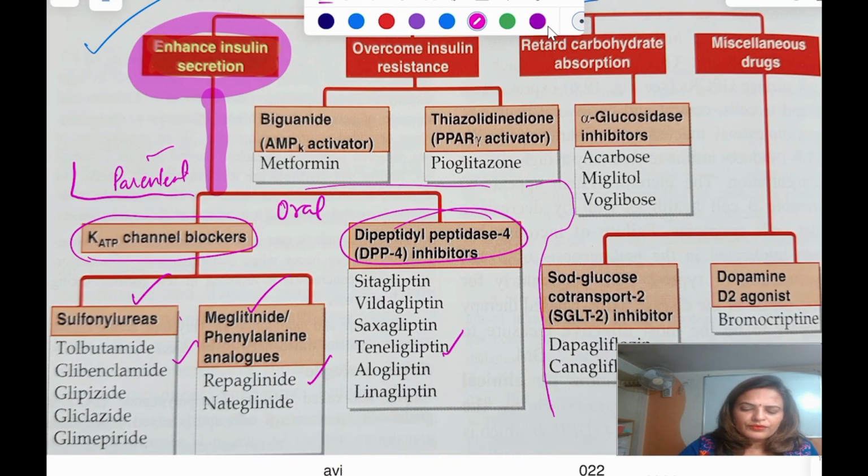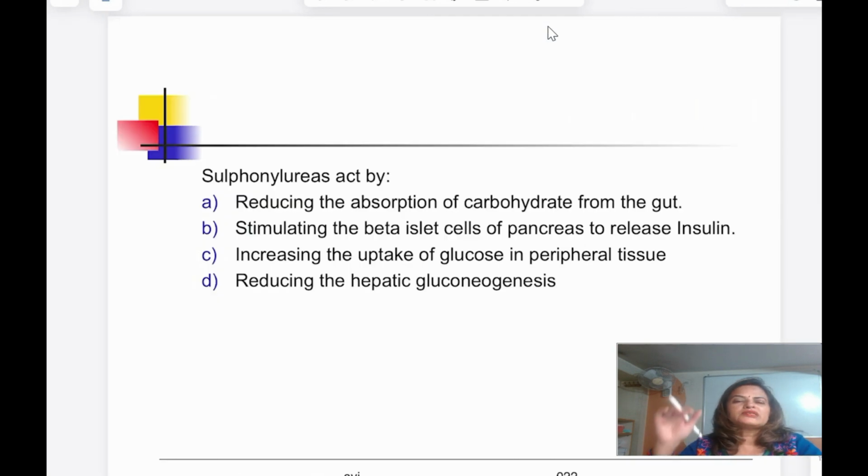Now, look at a few important MCQs just to strengthen the topic, because this topic is very important. Sulfonylurea drugs act by: first choice, reducing the absorption of carbohydrate from the gut; second, stimulating the beta islet cells of the pancreas to release insulin; third, increasing the uptake of glucose in the peripheral tissue; fourth, reducing hepatic gluconeogenesis.